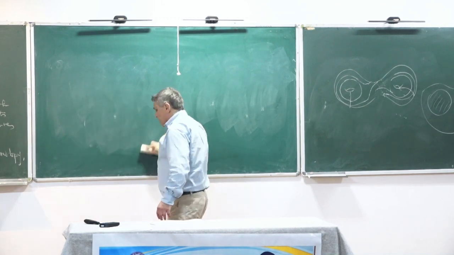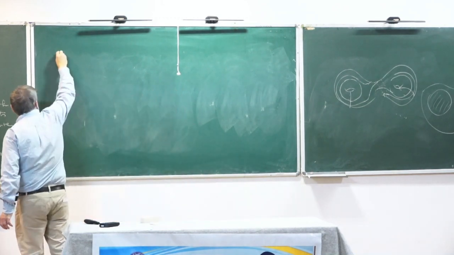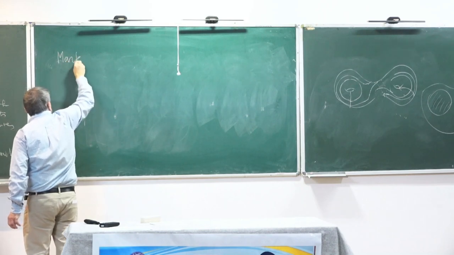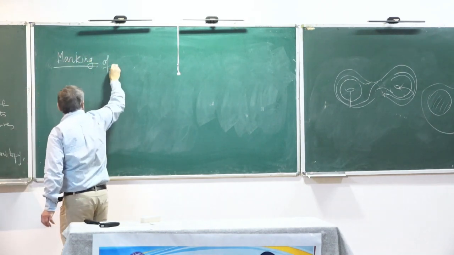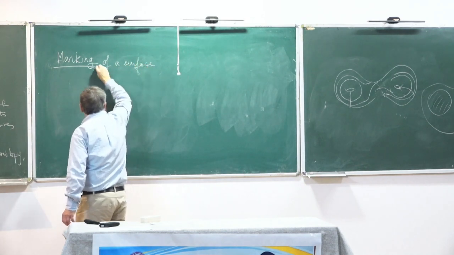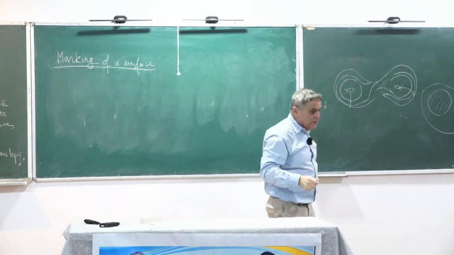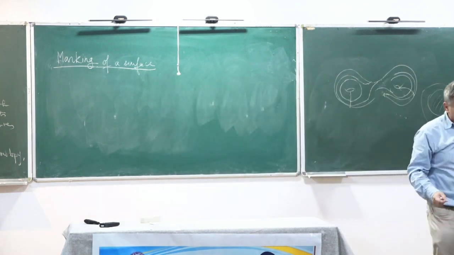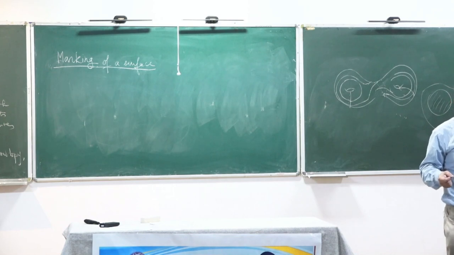Let me remind you that we talk about a marking of a surface. In fact, to define the marking, I tried to do it precisely. It's always more complicated than what is the real matter.